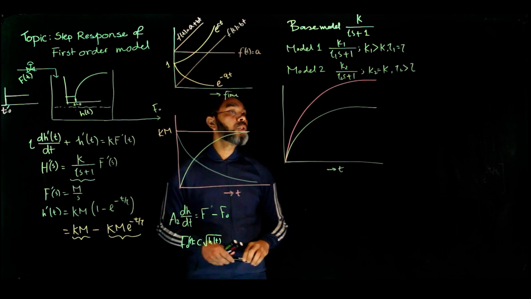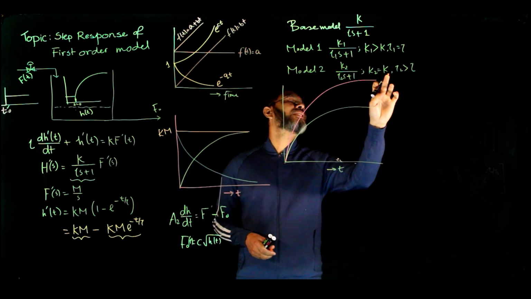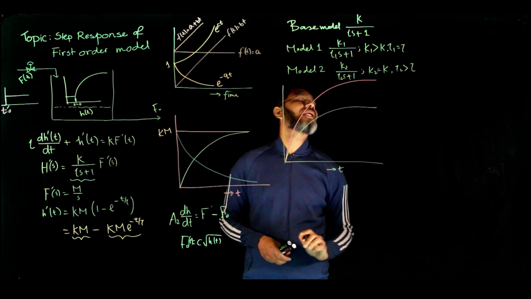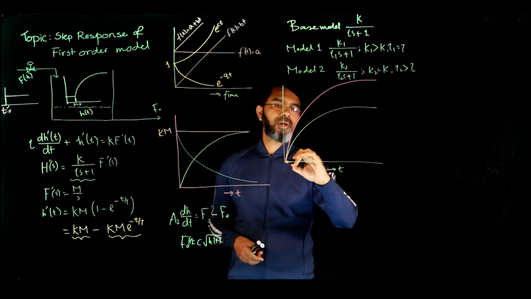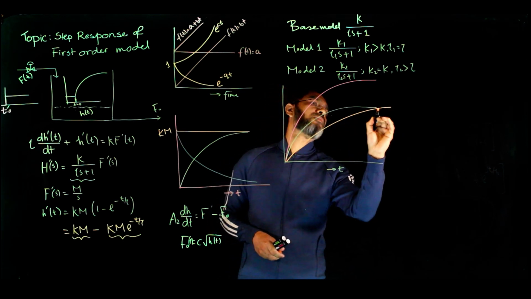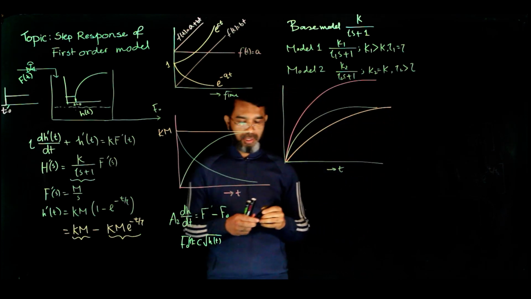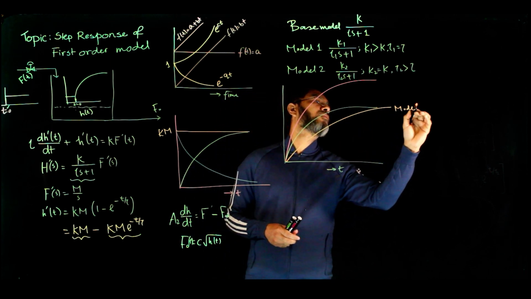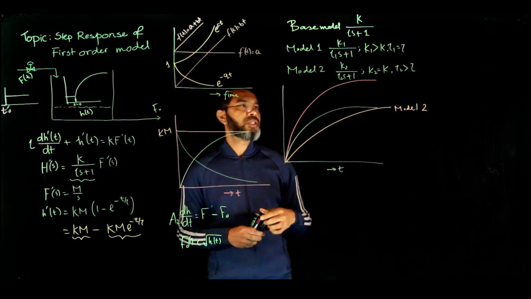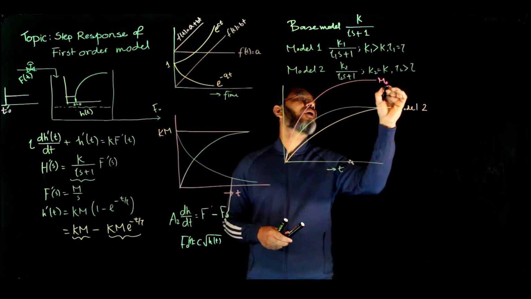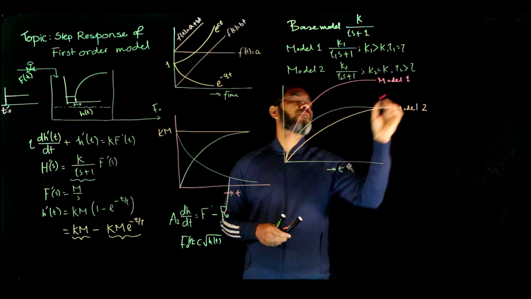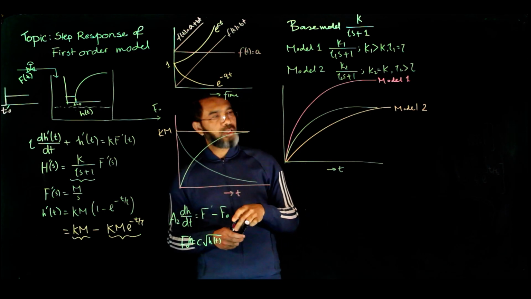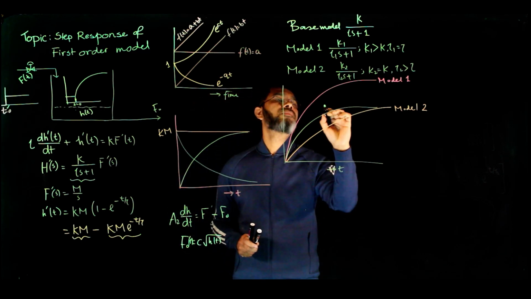And for model 2, where k2 equals k, but tau 2 is greater than tau, it will look like this. So this is corresponding to model 2. This is corresponding to our model 1, and the other one is corresponding to this base model.